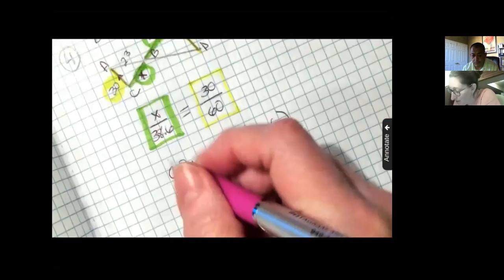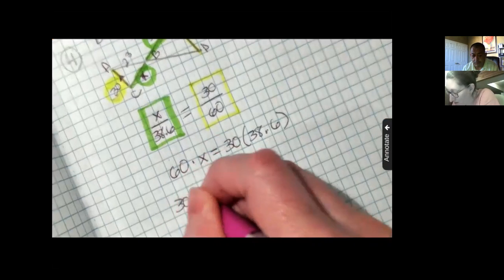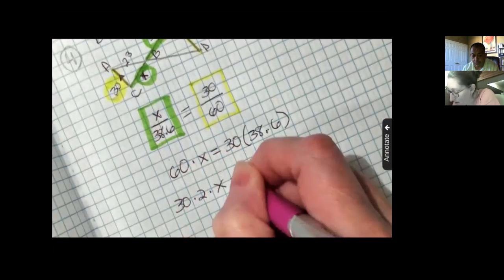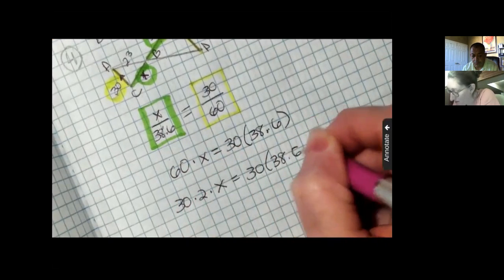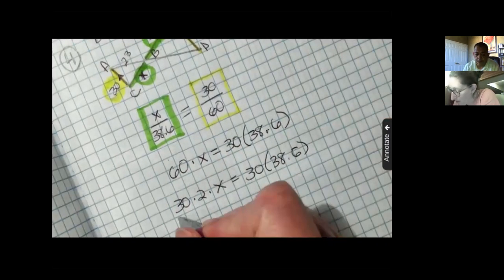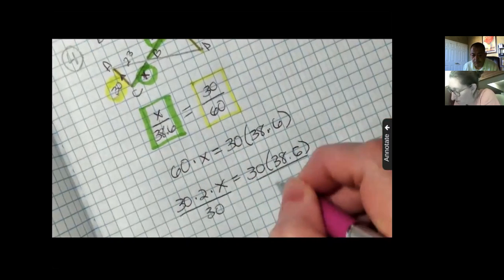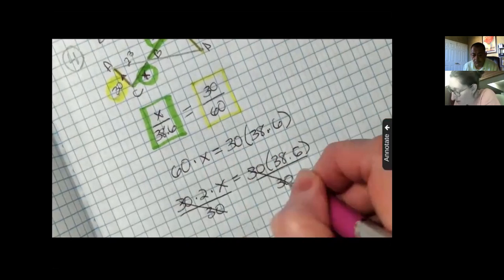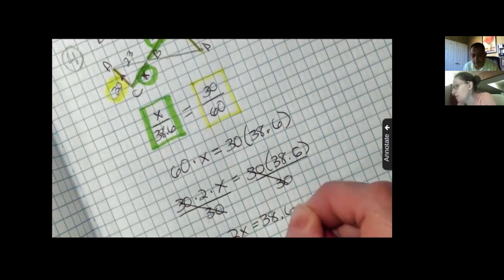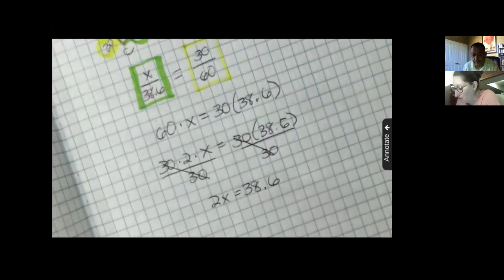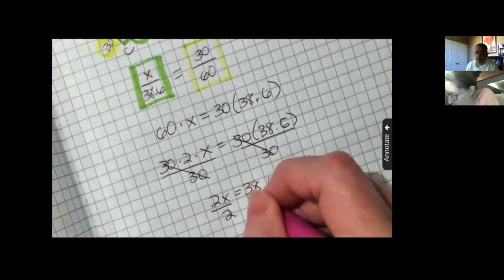So I'm going to say to myself, 30 times 2 times X equals 30 times 38.6. So I'm going to divide by 30 on both sides. That gets rid of that. So now it's just 2x equals 38.6. Well, that's a whole lot easier. So I'll divide by 2.